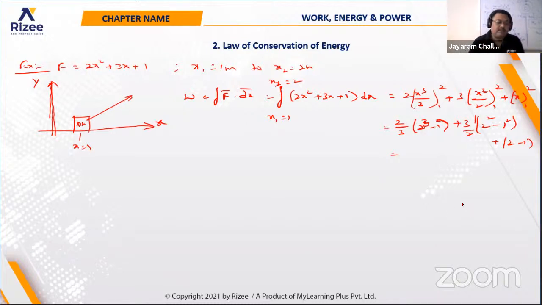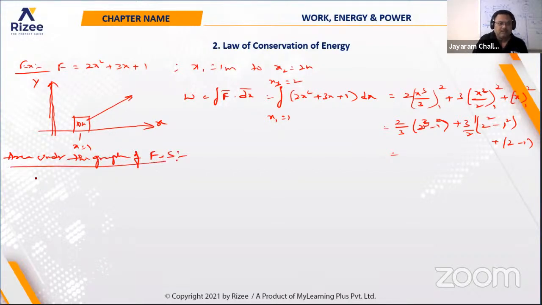Now, the area under the graph of force versus displacement should give you the work done. Suppose your force is along the y-axis and displacement x is along the x-axis here.